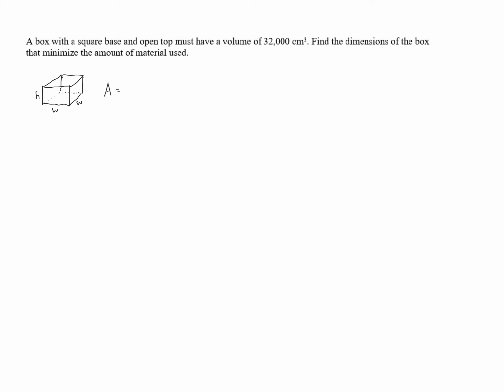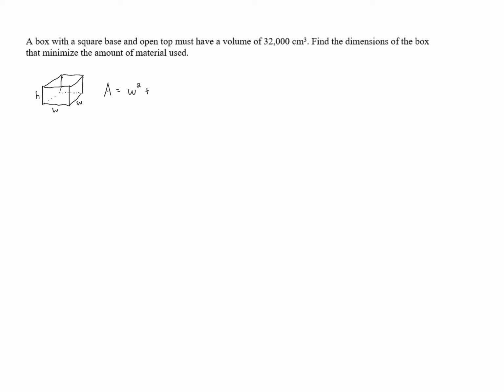And if we think about the area, the base is a square that has length w. So the area of that is going to be w squared. And then plus, we've got 4 sides that are vertical, and each one of them is a rectangle with base w and height h.